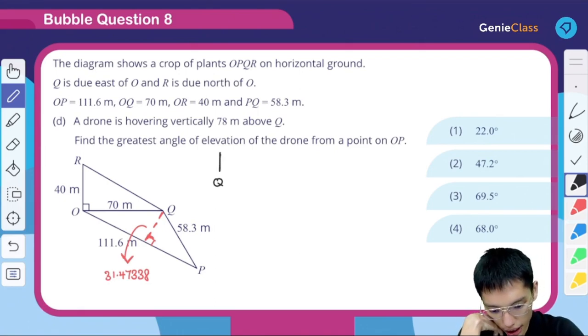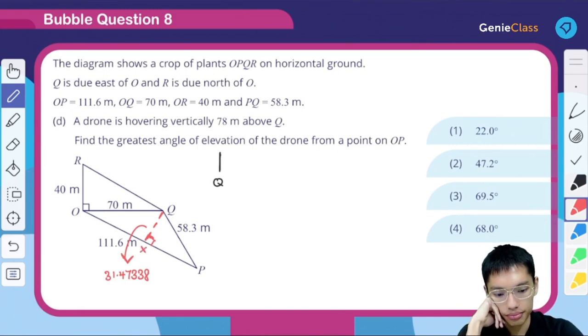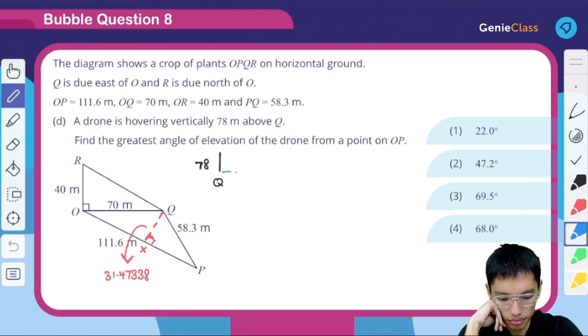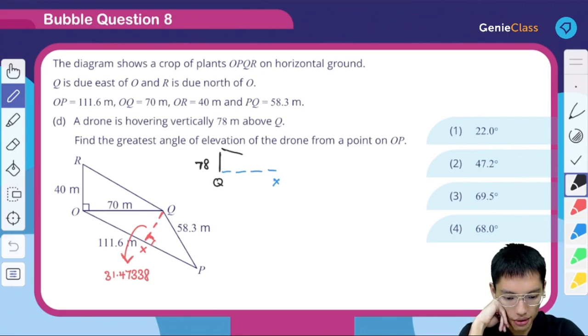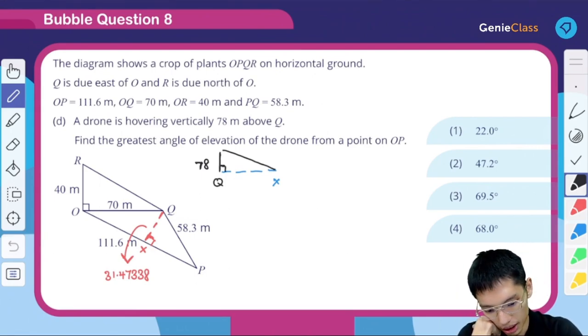Suppose I call this point X. Since this is 78, angle of elevation. What is it trying to say? This is the very biggest hint already. I will stop my working here.